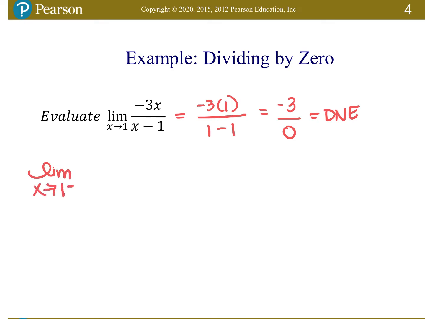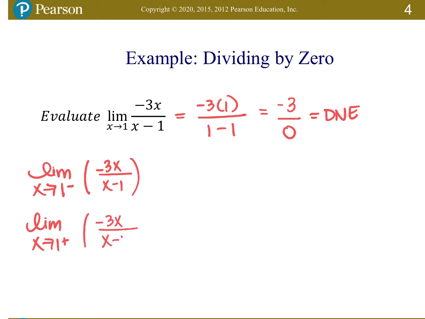So we're going to evaluate 1 minus, and we're going to evaluate 1 plus. And we'll plug that into each of these equations. Okay, so we'll get negative 3 times 1 minus, and we'll get 1 minus minus 1.